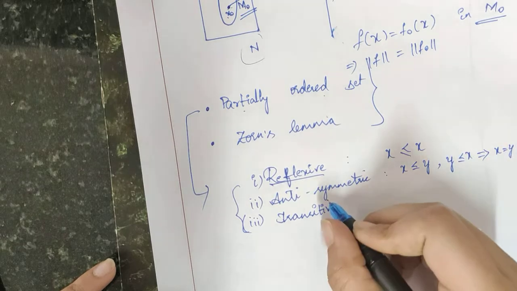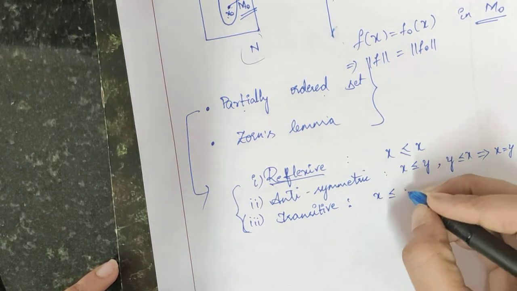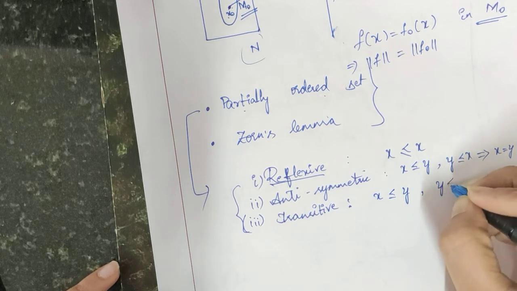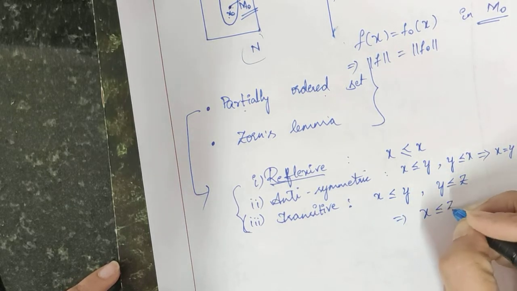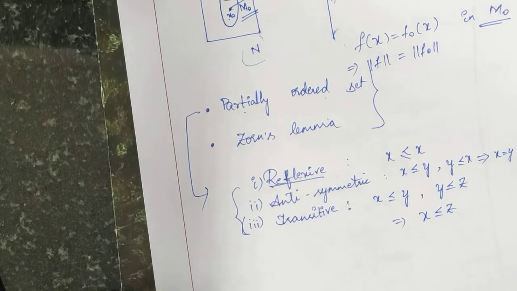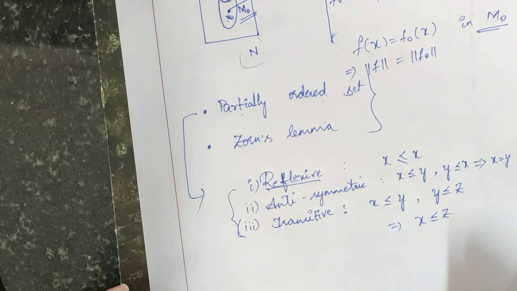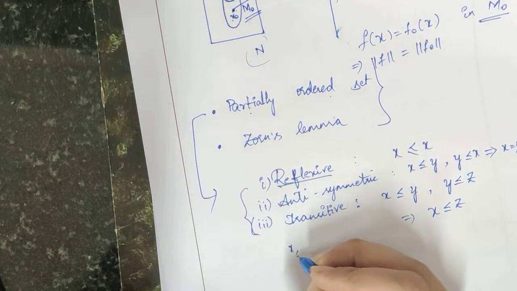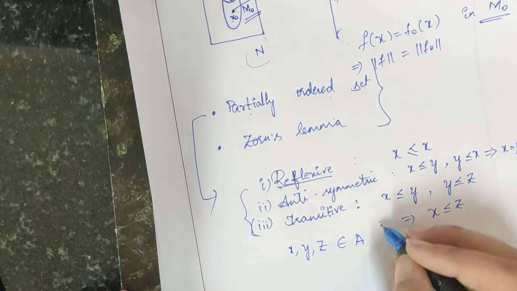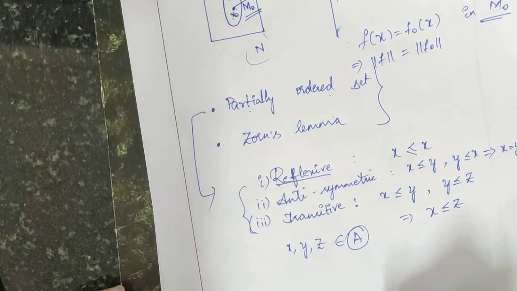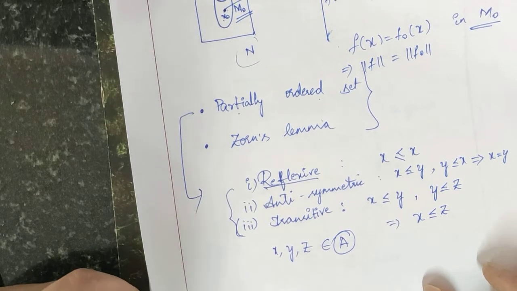Similarly, transitive is if x is less than or equal to y and y is less than or equal to z, this implies x is less than or equal to z. This is how you define your reflexive, anti-symmetric and transitive conditions, right? Now these x, y, z belong to some set A, and I can say this A is a poset or partially ordered set.